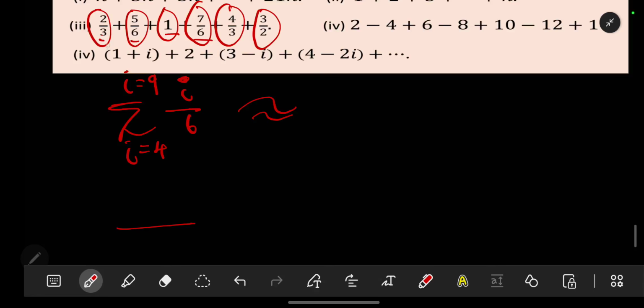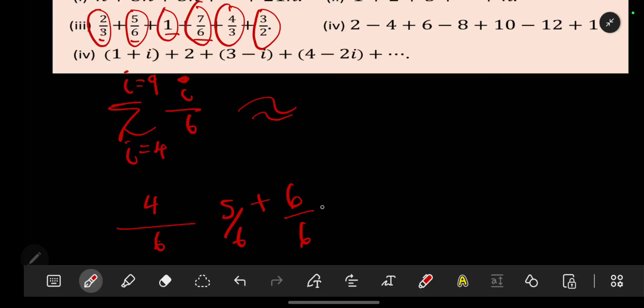So 2 over 3 is the same as multiplying by 2 over 2, for the ones that don't have 6. So this series is the same as 4 over 6, and 4 over 6 is the same as 2 over 3. Then 5 over 6, then plus our 1 is the same as having 6 over 6.